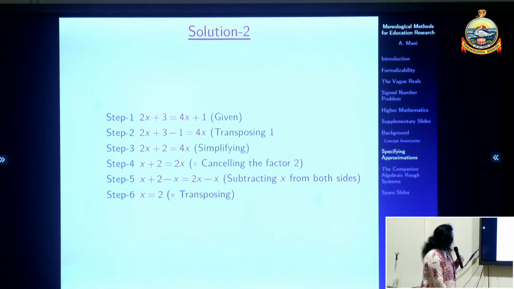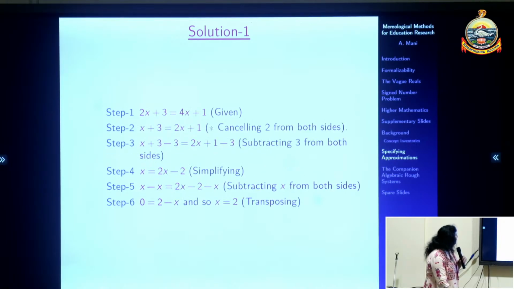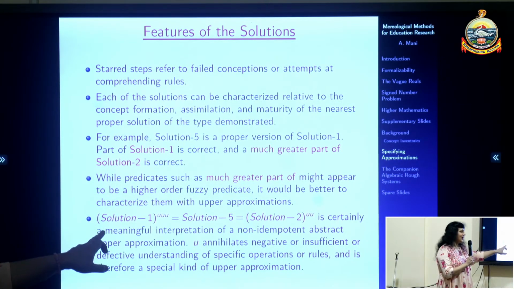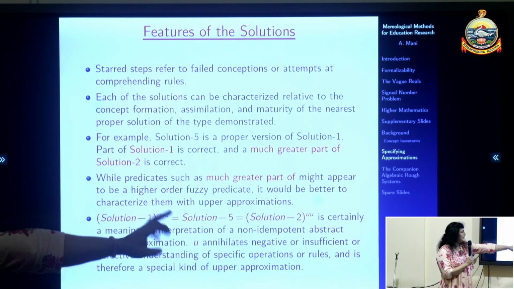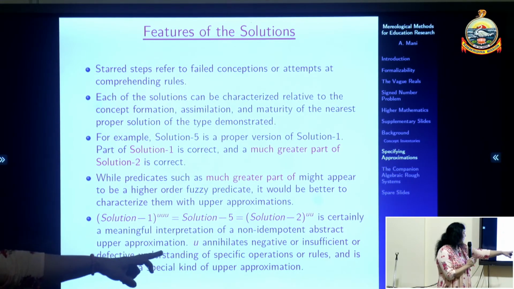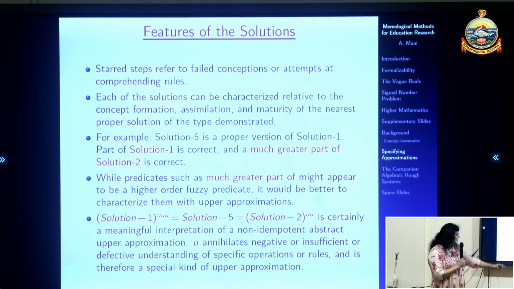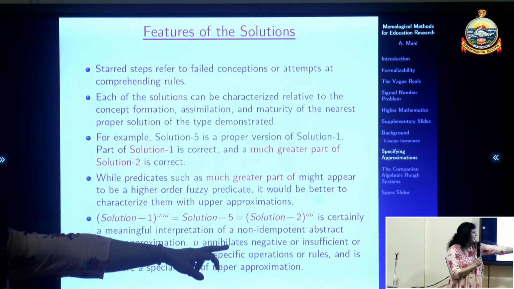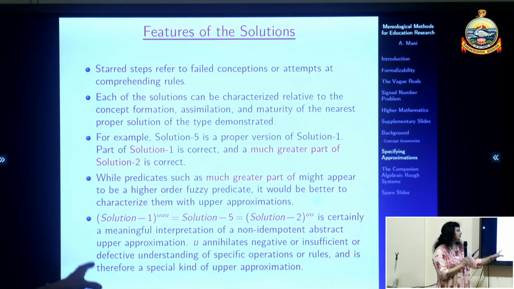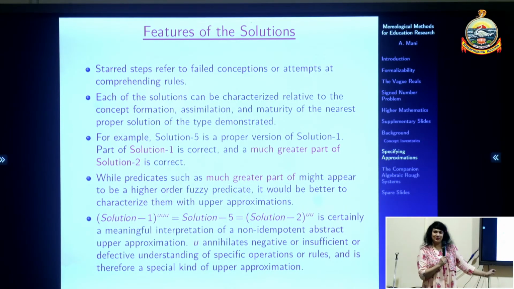Okay. And the main thing is that I propose, I speak of approximations of solutions, and basically what the approximation operator does is it annihilates negative or insufficient or defective understanding of specific operations or rules, and is therefore a special kind of approximation.